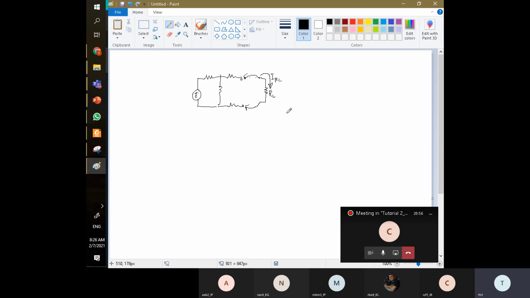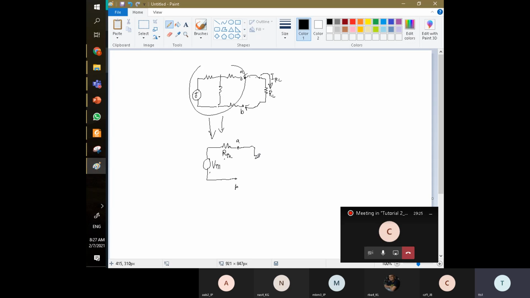So if you reduce this to only two components, one is the voltage, and the other one is a resistance. And these 2 points, we call A and B.